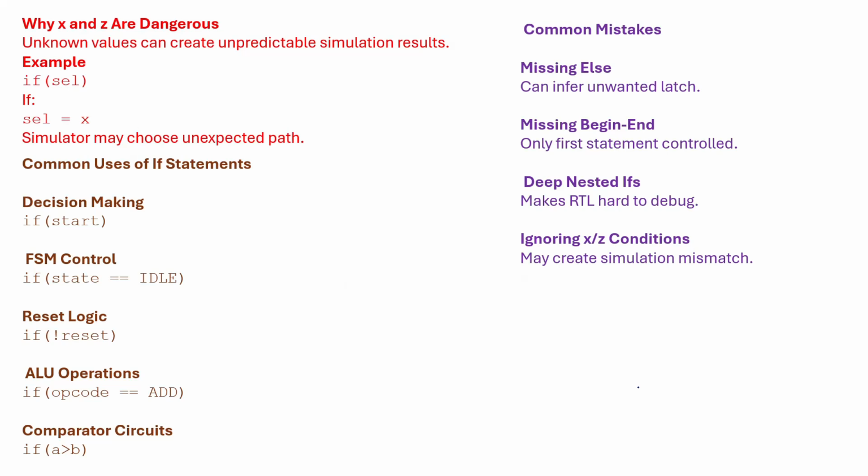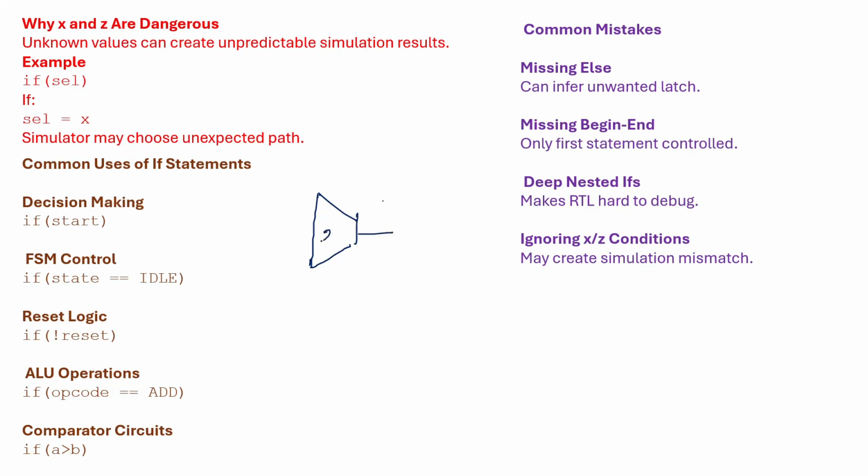See, there are unknown values and high impedance values that we use in if-else conditions. If you are considering a 2 by 1 multiplexer, at that time I am giving a select line, because this is my 2 by 1 mux.